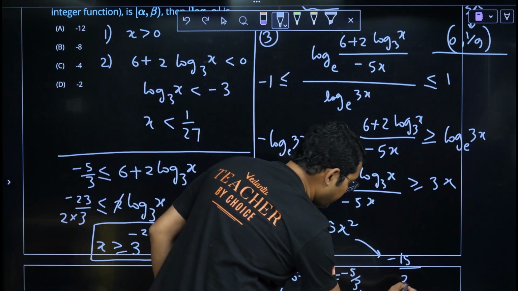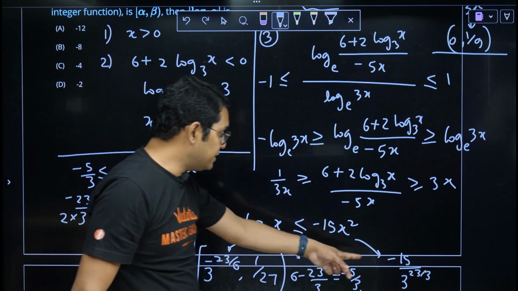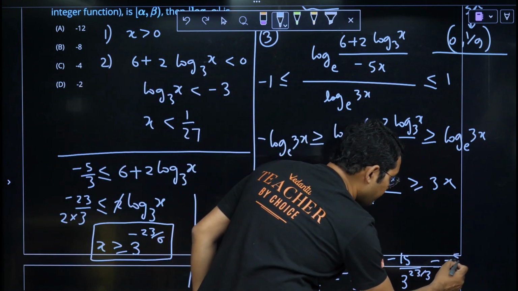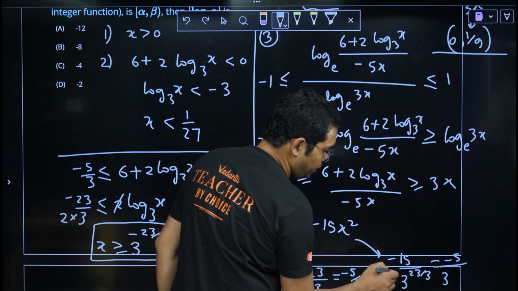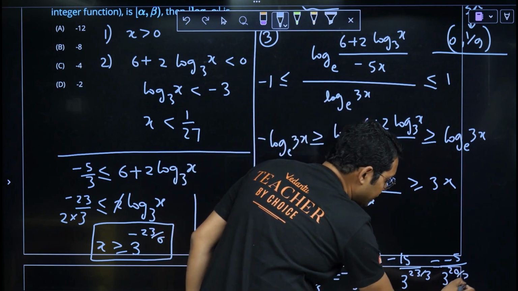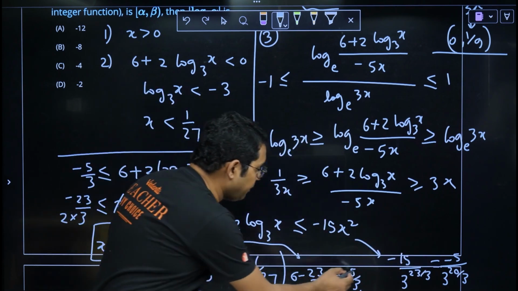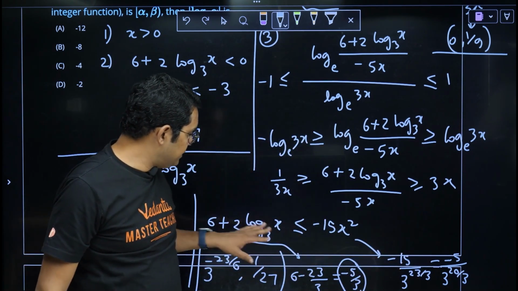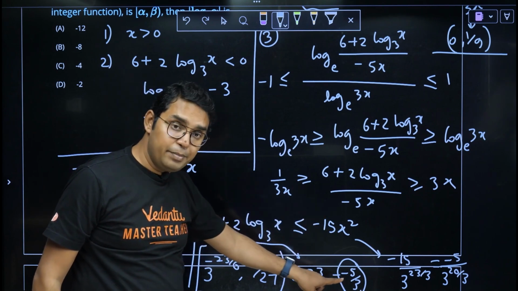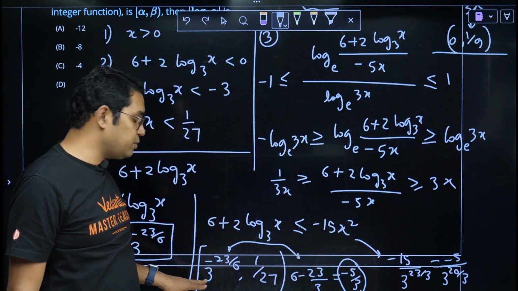So it will be 3 raised to the power 23 by 3. I can write it as minus 5 upon 3 raised to the power, if I subtract by 1, 20 by 3. So you can see this thing is lesser in magnitude than minus 5 by 3. So definitely this side is less than this. This is bigger in magnitude, but because of the minus sign, this is smaller.